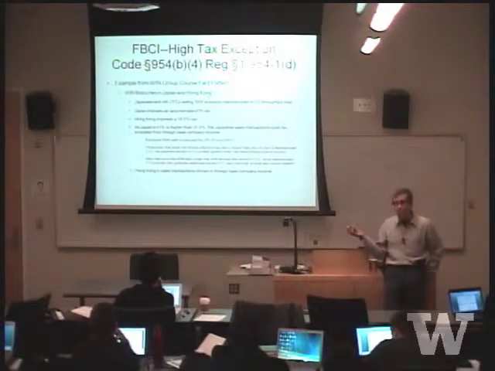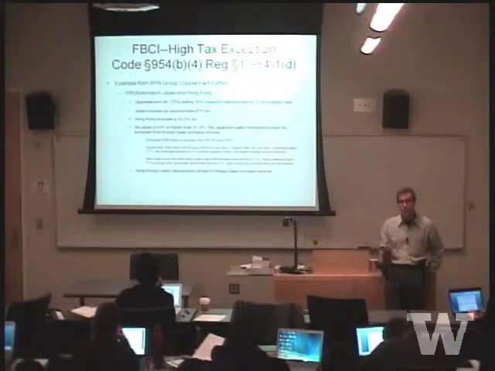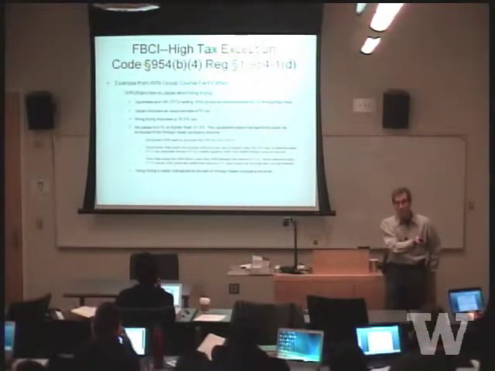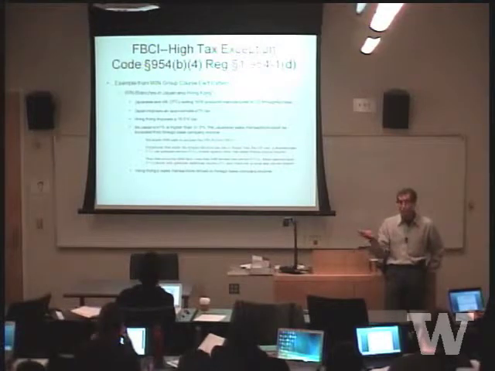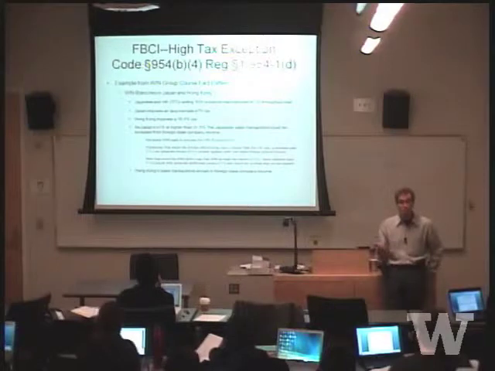Now, again, we haven't gotten quite yet to the definition of foreign-based company sales income, but those transactions, manufactured in the U.S. by Win, sold to Win subsidiary in Japan and separately Win subsidiary in Hong Kong, and then sold to customers outside of those two countries, that will be foreign-based company sales income.